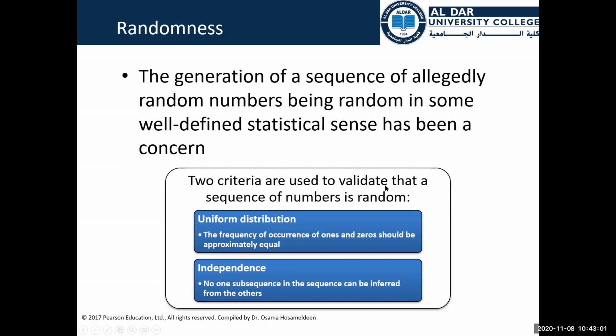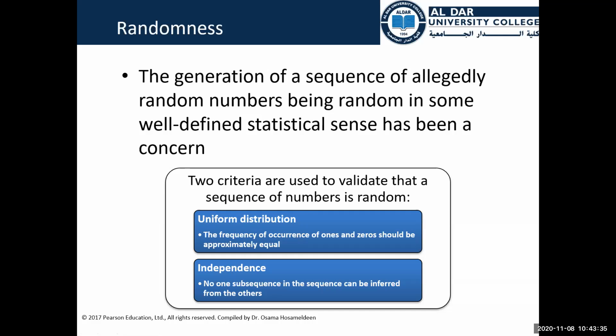We have two criteria to validate that a sequence of numbers is random: uniform distribution and independence. Uniform distribution means the frequency of occurrence of ones and zeros should be approximately equal. That's what I told you about the probability: the probability of having 0 or 1 is equal to 0.5.